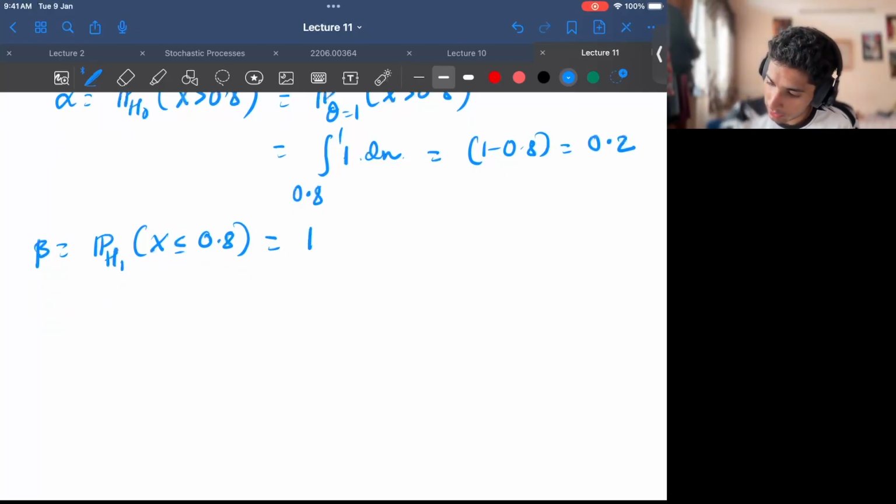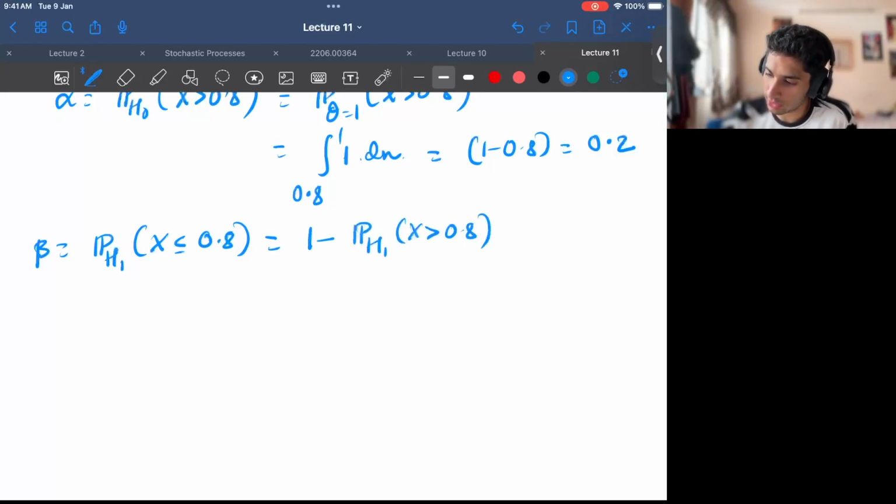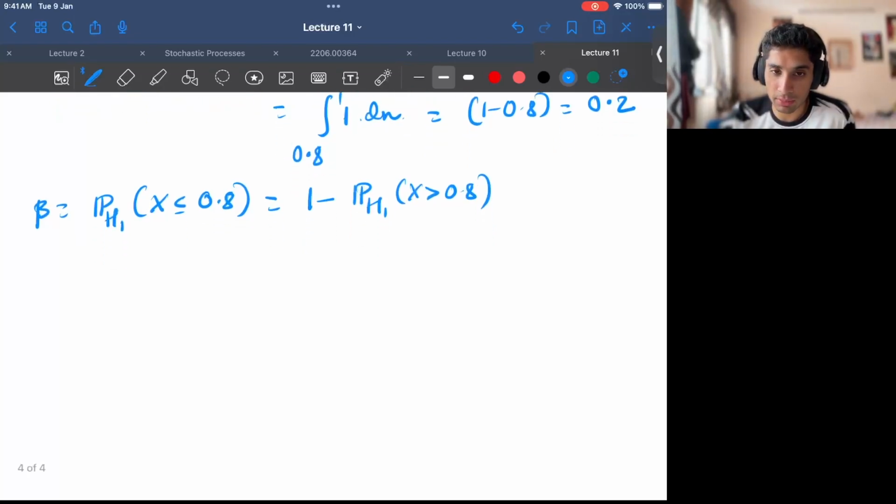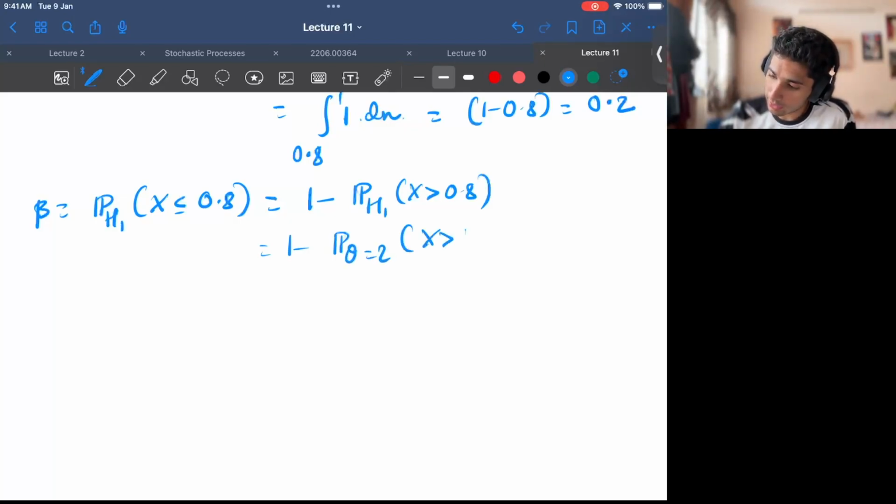This is your type 2 error, right? So this is actually 1 minus the probability under H1 that x is greater than 0.8. It's like 1 minus the probability of a complement, and that is 1 minus the probability under theta equal to 2 that x is greater than 0.8. What will this be? 1 minus the integral from 0.8 to 2 of 1 by 2 dx.